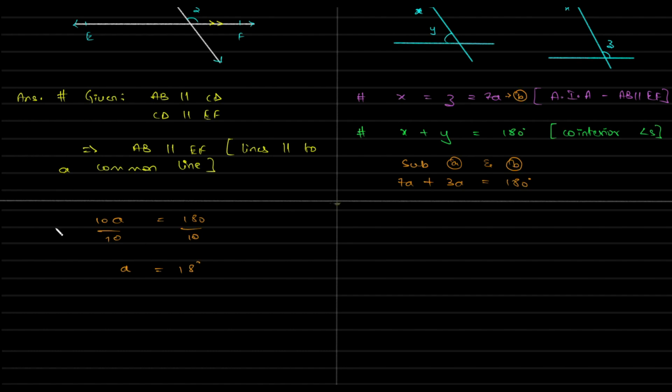And you guys are pretty much done. Just find X, which is 7 times A. Therefore, X is equal to 7 times 18, and this is equal to 126. Okay, so that is your answer.